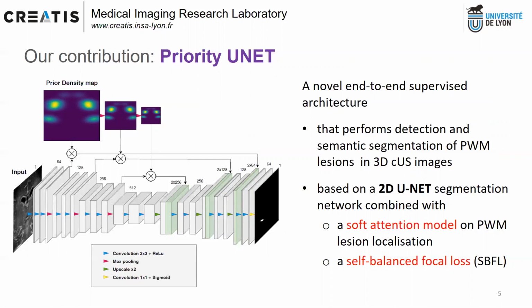And the main methodological novelty is that we add a soft attention model based on prior lesion density maps that are fed into the network through skip connection here. We also combine the newly introduced self-balanced focal loss, SBFL, which has been proposed to tackle very unbalanced segmentation tasks.